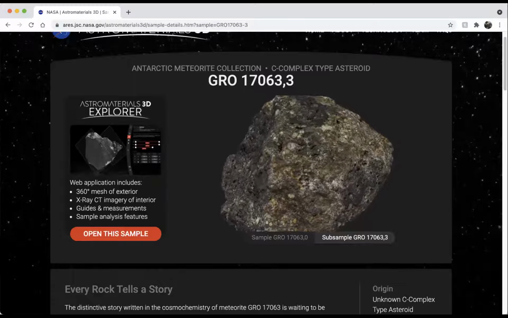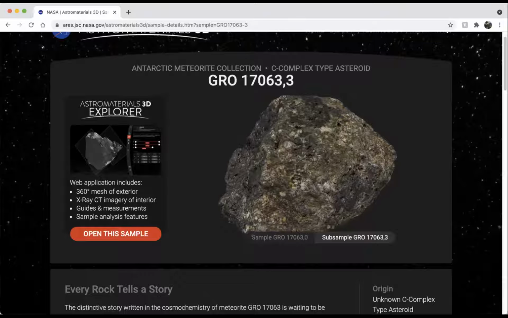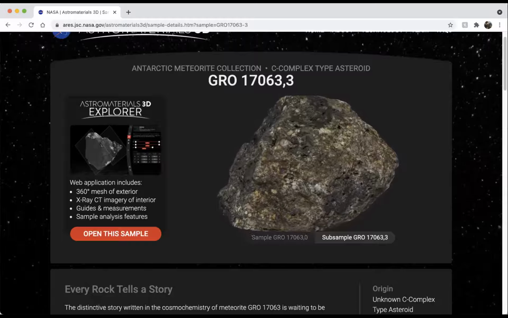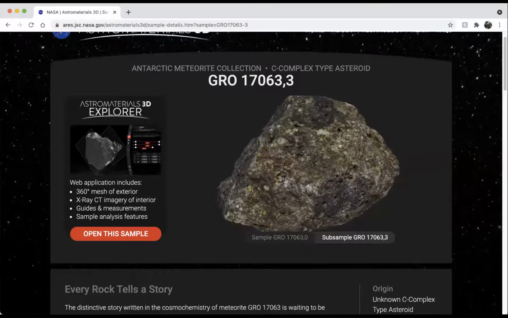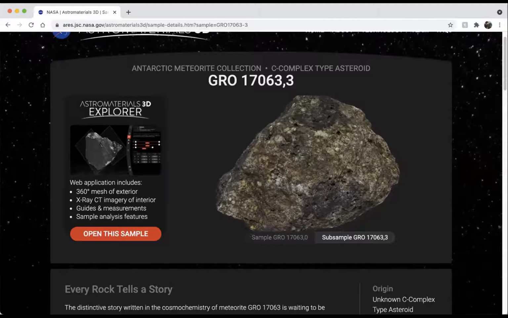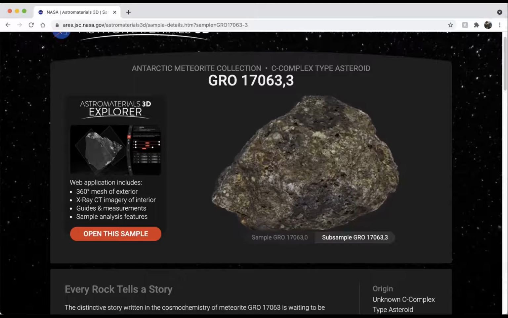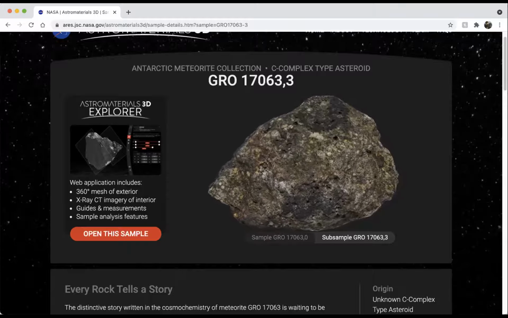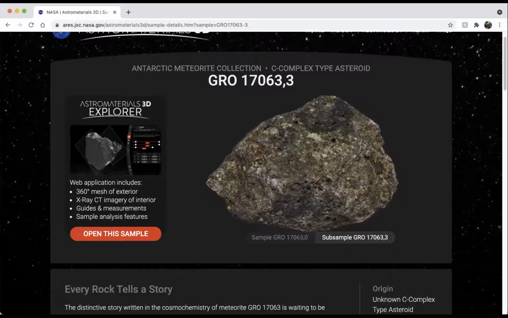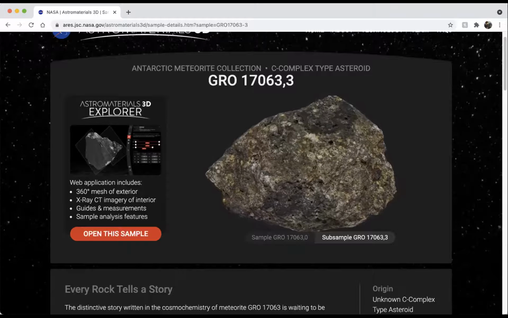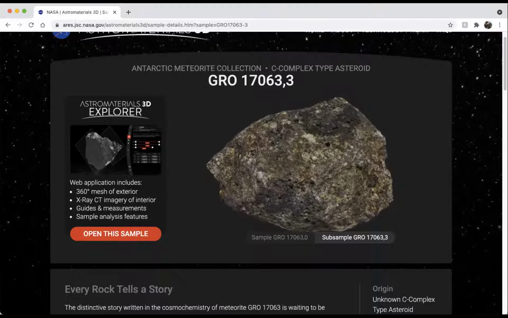This is because CR meteorites contain within them the oldest known material in our solar system, material that formed before our solar system even existed. Known as pre-solar grains, these microscopic interstellar dust particles were formed in the atmosphere of other stars.